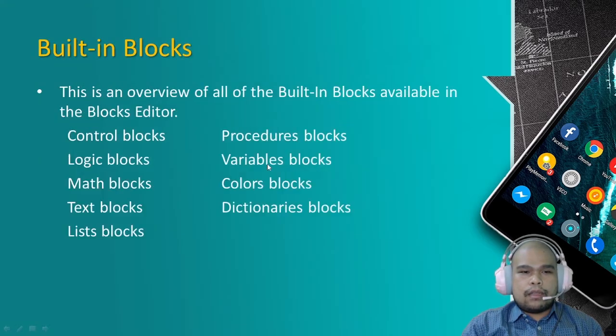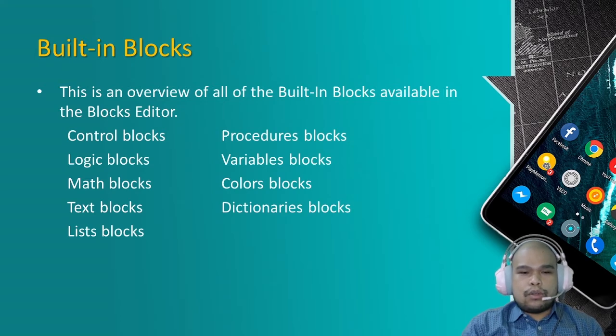Okay, next. This is an overview of all the built-in blocks available for the Blocks Editor. We have control blocks, logic blocks, math blocks, text blocks, list blocks, procedure blocks, variables blocks, colors, and dictionaries blocks. So, there are quite a lot of them. Again, I will not discuss all of them, guys, because it's too many for this module.